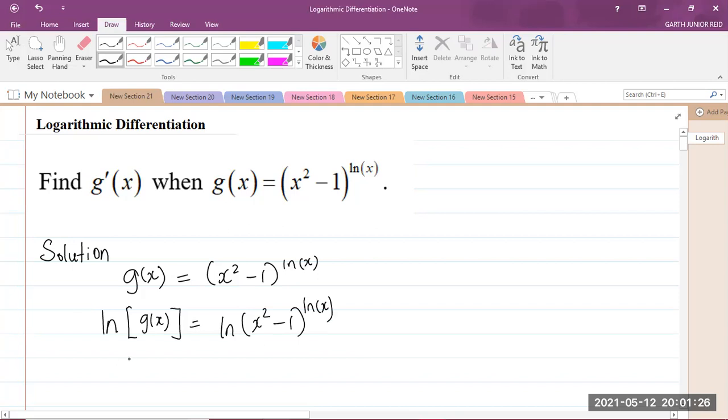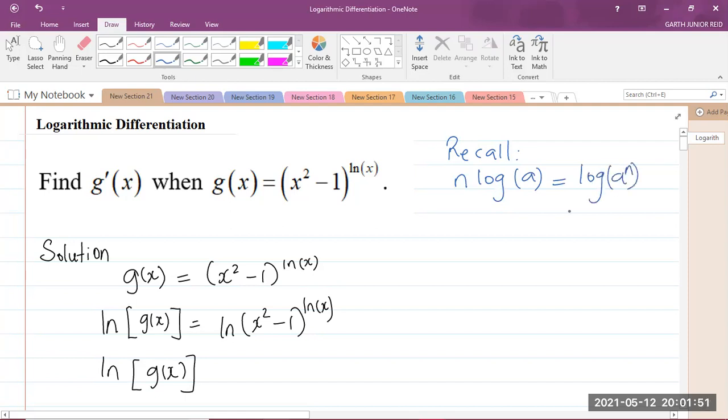Now I will use a law of logarithms here. Recall, if you have n multiplied by the logarithm of a, then that is equal to the logarithm of a to the power of n.